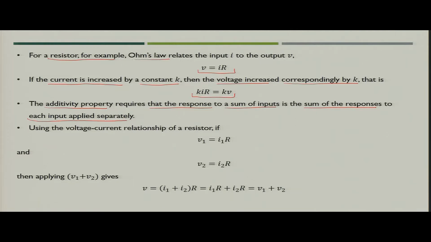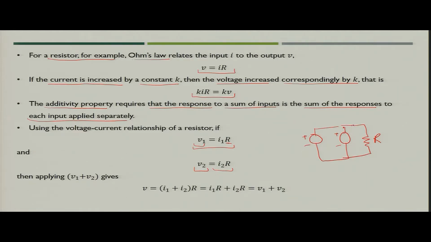Suppose in the circuit you have two voltage sources, V1 and V2, which are applied across a resistor R. V1 and V2 we are both applying separately to a resistor R. Let us take one DC source and we have resistor R, we have another DC source, and suppose it is connected through some switch.